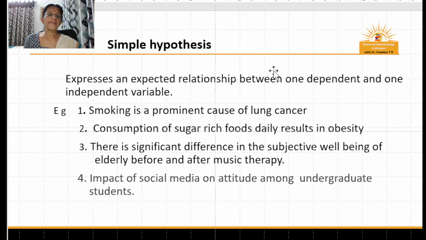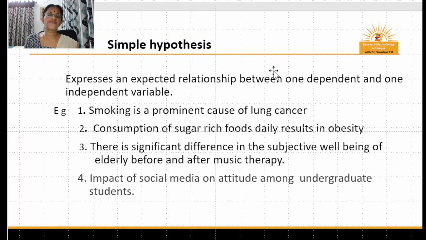Some examples are: smoking is a prominent cause of lung cancer. Smoking causes lung cancer. So, smoking is the independent variable, lung cancer is the dependent variable. So, cause and effect. Cause is smoking and it has an effect on the dependent variable, that is lung cancer.